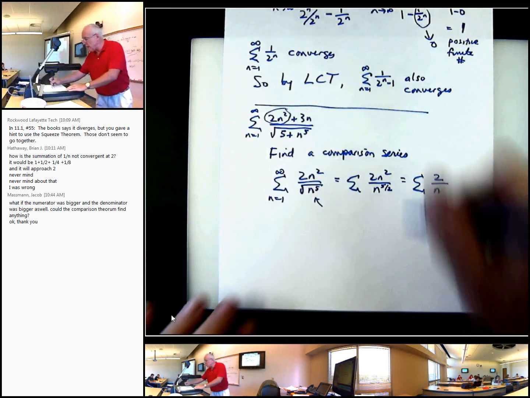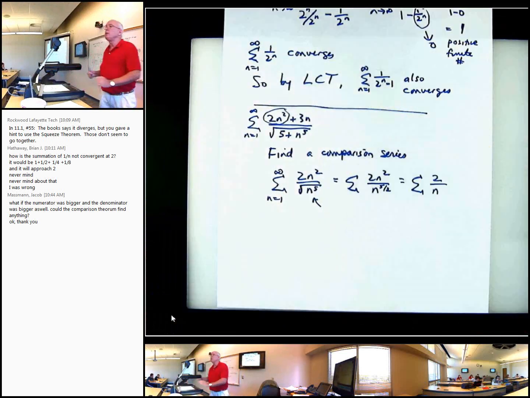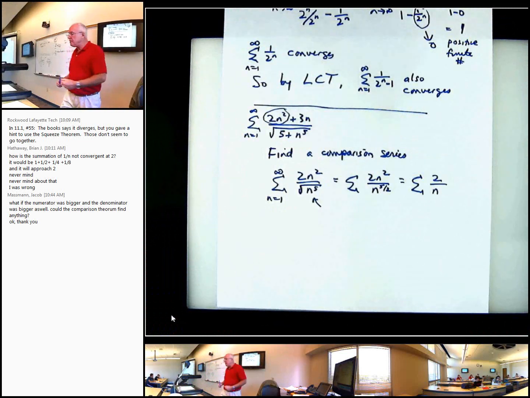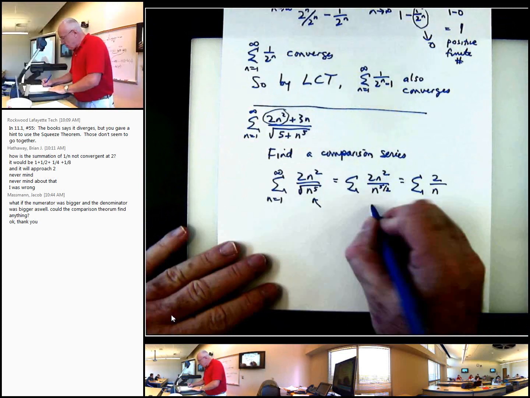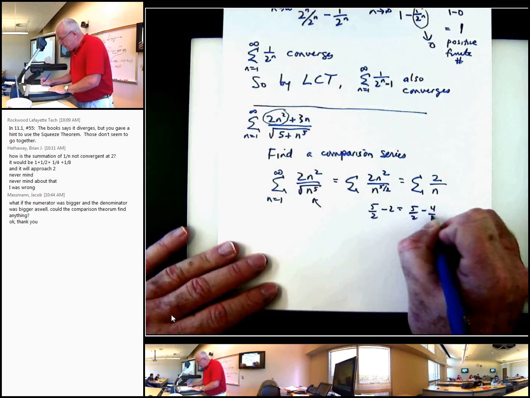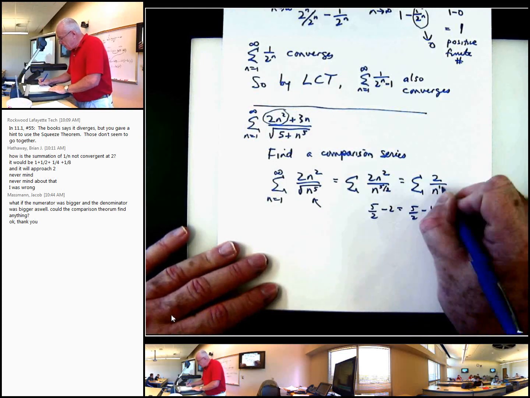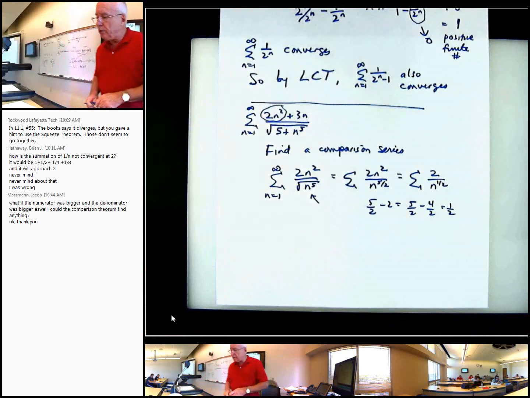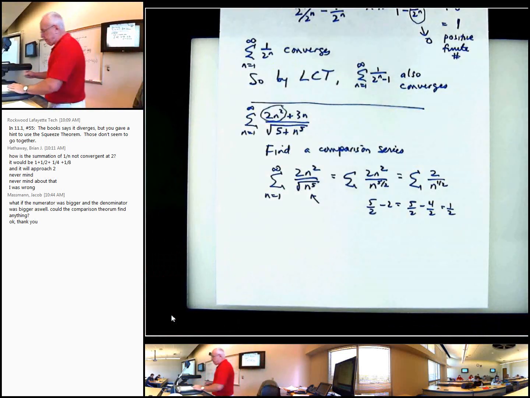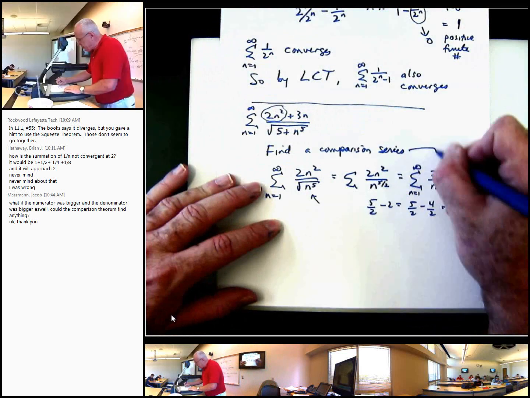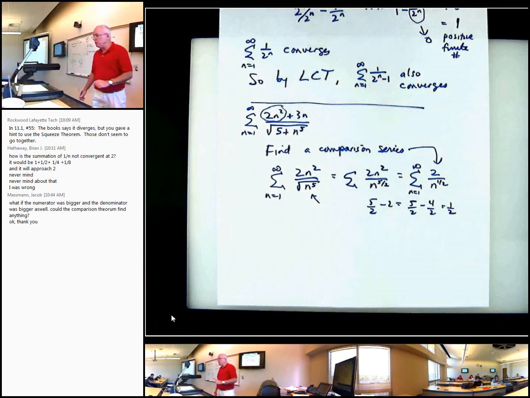We're going to subtract the 2 from the bigger one, the 5/2. 5/2 minus 4/2 is 1/2. So just using rules of exponents, our exponent at the bottom is 1/2. So this is our comparison series by using the dominant terms.